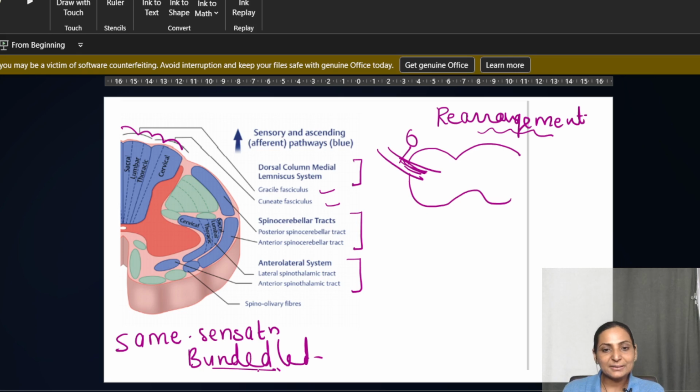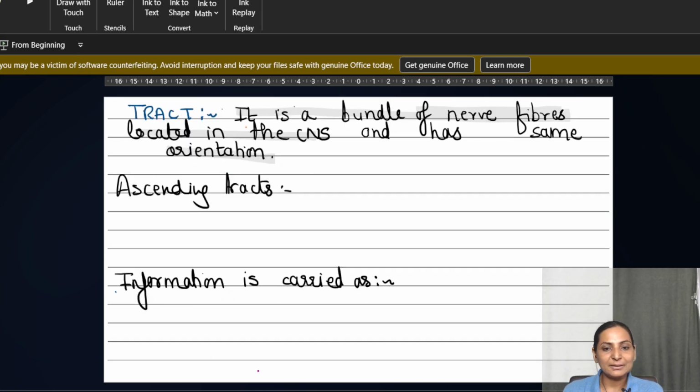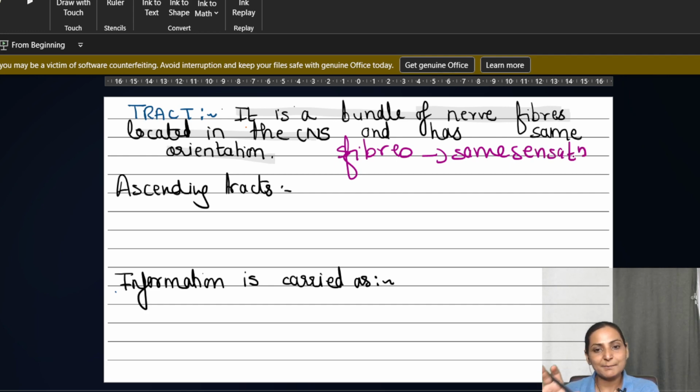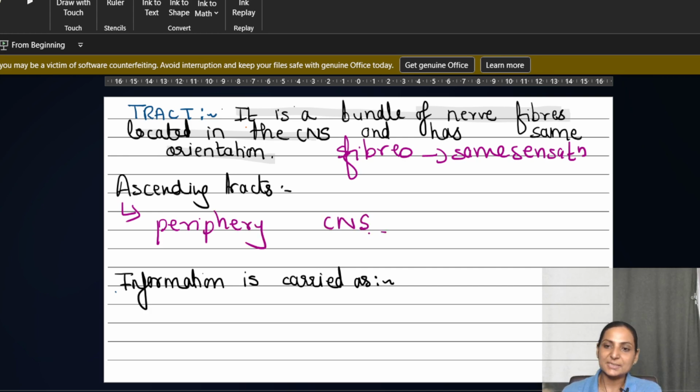So a tract is a bundle of fibers which carry the same sensation, which could be motor or sensory. Ascending tracts are those tracts which carry information all the way from the periphery to your central nervous system.